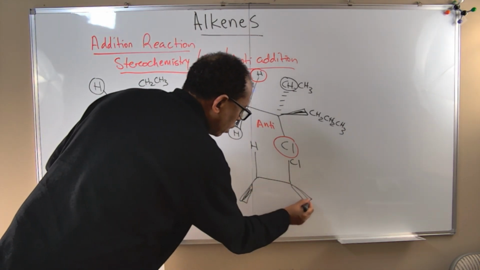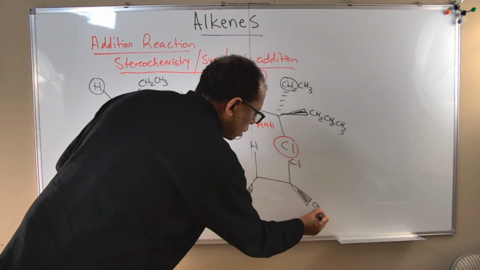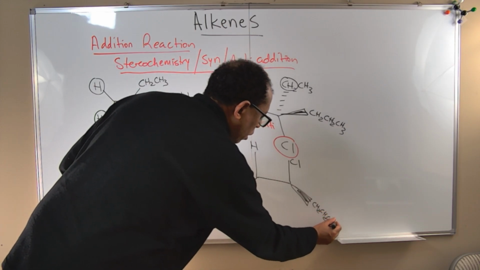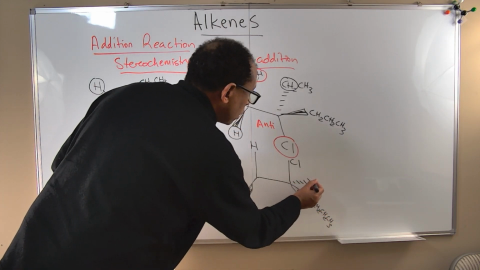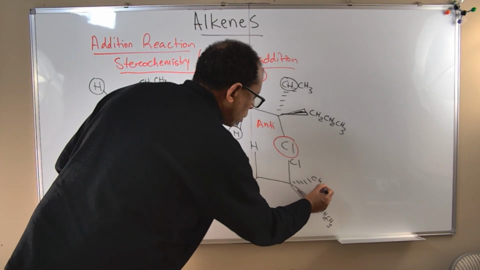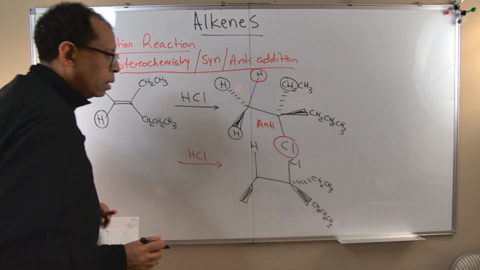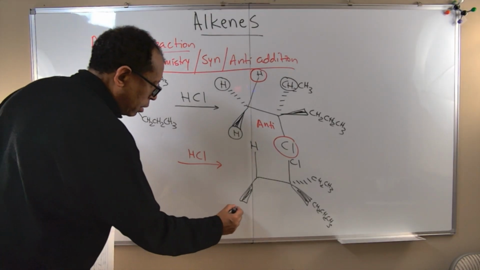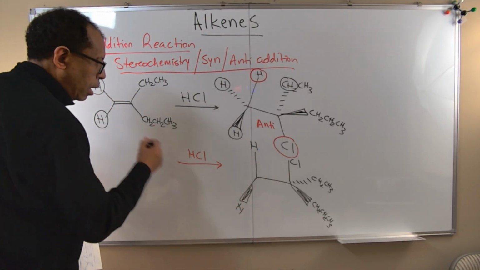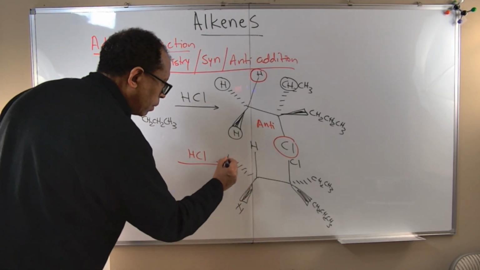So this is the propyl group, CH2, CH2, CH3, and this is the ethyl group, CH2, CH3. And here I have this H, and this H would be here.